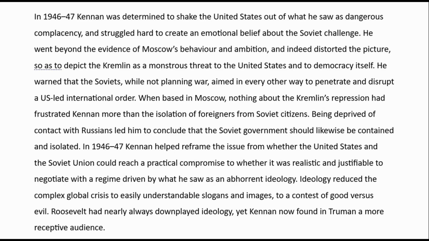Ideology reduced the complex global crisis to easily understandable slogans and images, to a contest of good versus evil. Roosevelt had nearly always downplayed ideology, yet Kennan found in Truman a more receptive audience.